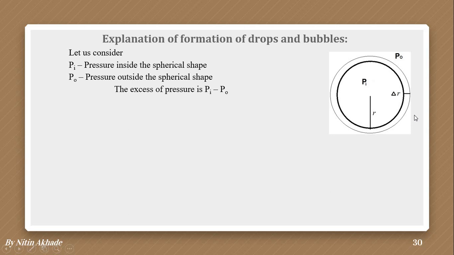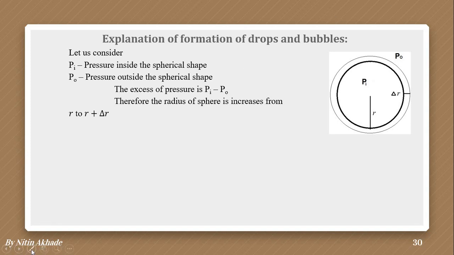For the formation of the bubble or drop, the condition is that Pi minus Po should be a positive value, so we call it the excess pressure. It is the extra value, so it is called the excess pressure, Pi minus Po. Now the radius of the sphere is increased from r to r plus delta r.